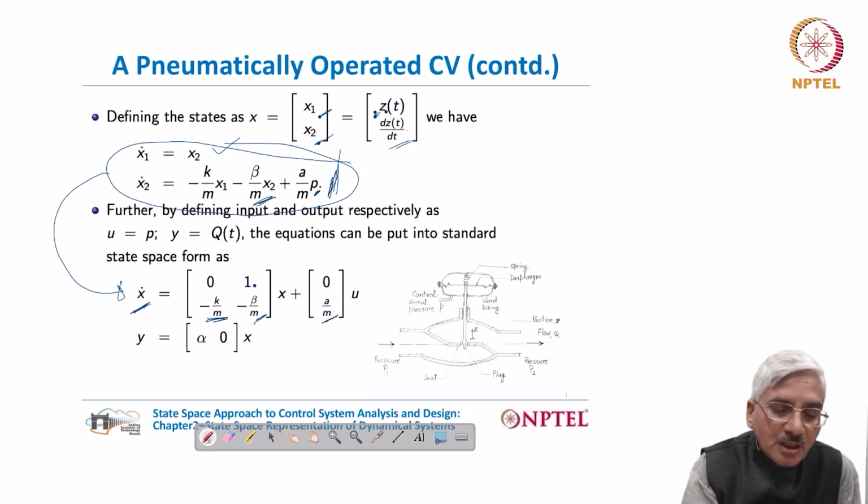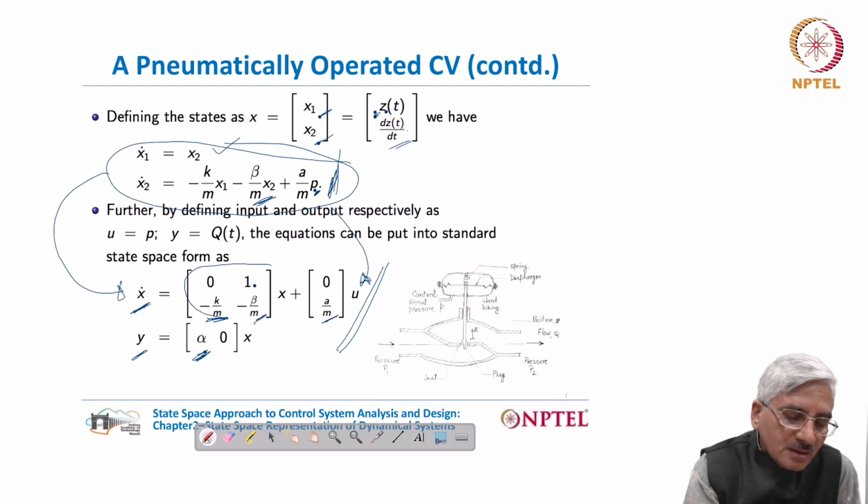A by m into the applied pressure p is treated as the input u. And output is of course alpha times the position. This is the outflow. So these are the two equations, state equations and the output equation.